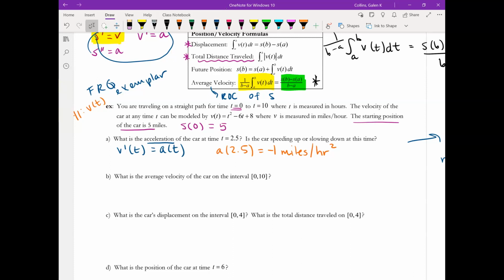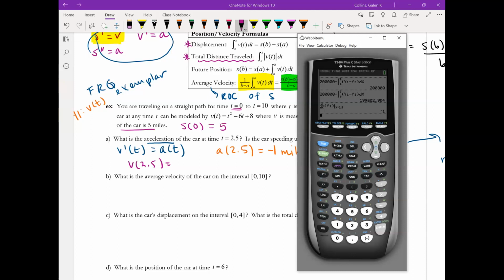The second question though, is the car speeding up or slowing down? So remember, a car or any particle is speeding up when velocity and acceleration have the same sign, slowing down when the signs are different. So we need to find v of 2.5 as well.